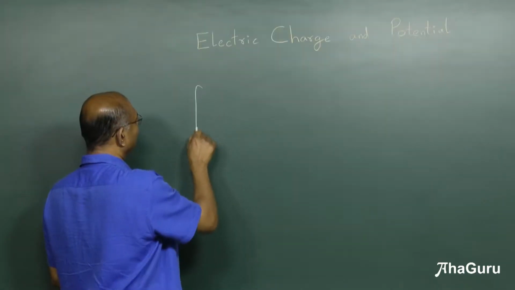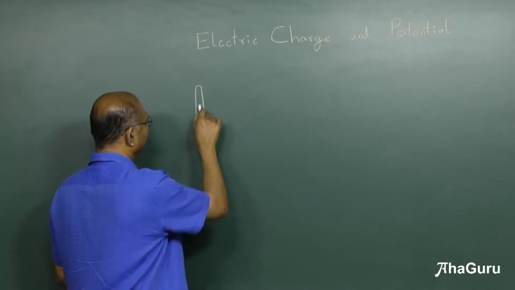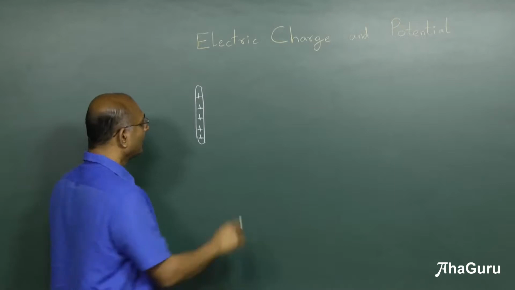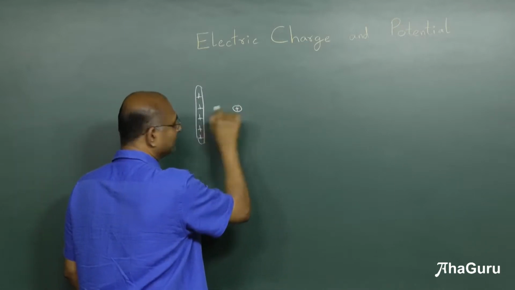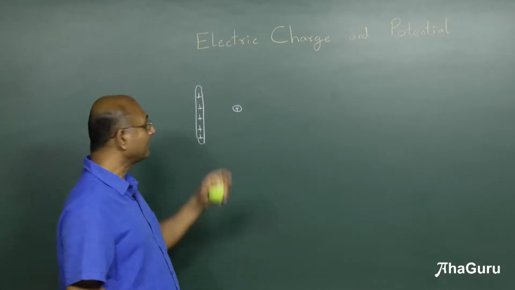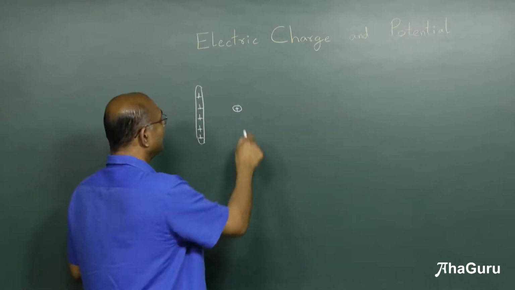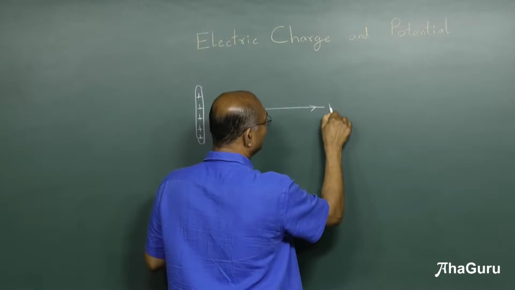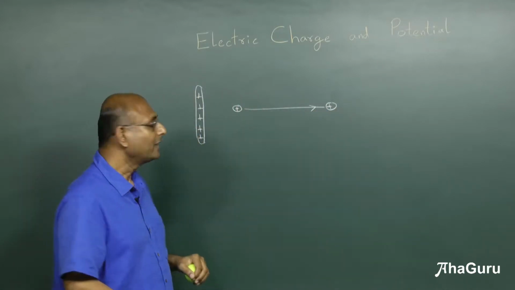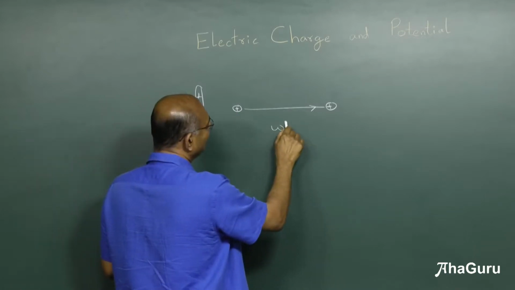Let us now look at this straw or chalk piece or something which has a positive charge. If I kept a small positive charge here, a different positive charge, what will happen? It will run, right? It is going to move from here to there, you know that already. You saw that with the two straws, that one straw is pushing the other straw. And suppose I ask you, why?